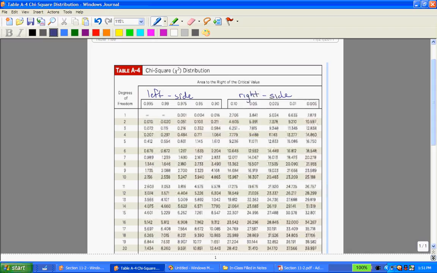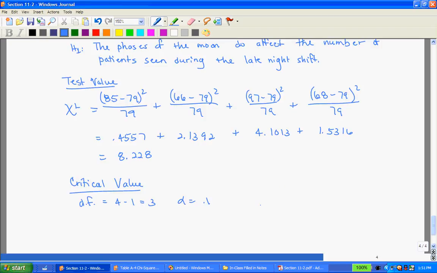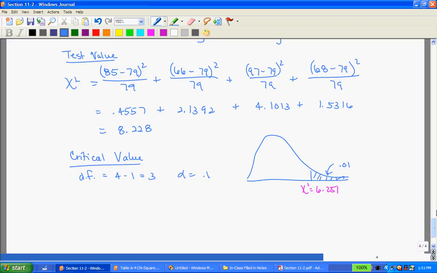Degrees of freedom 3, 0.1, 6.251. And so we're asking ourselves, where does our test value fall in relationship to the critical value? And 8.228 is definitely in that region.